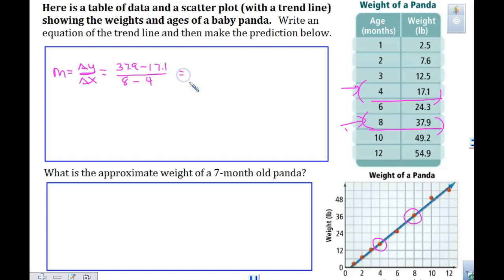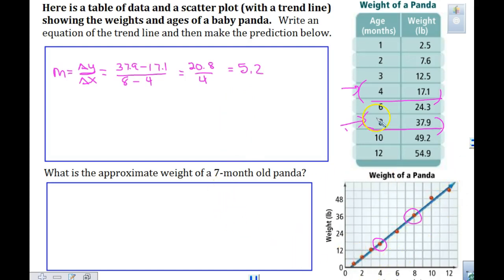I'm definitely going to get my answer as a decimal. So 37.9 minus 17.1 gives us 20.8 over 4. I'm going to divide that, what decimal? 5.2. What does that 5.2 mean in case of this problem?